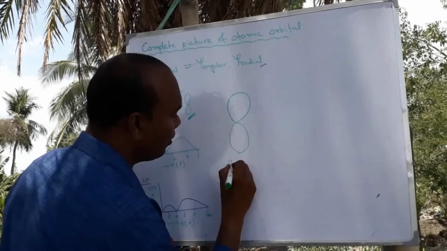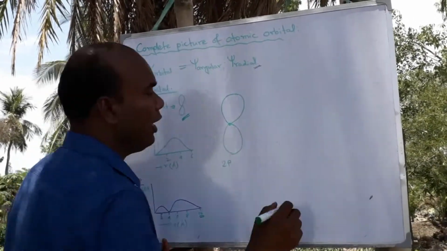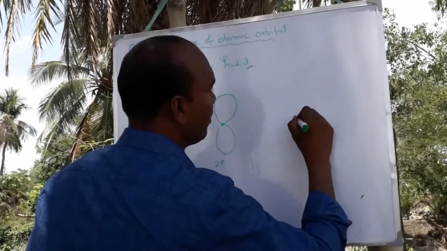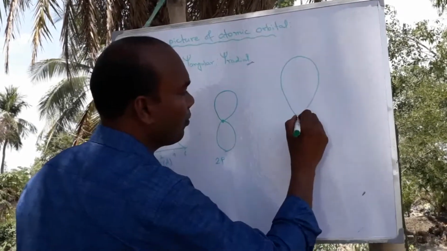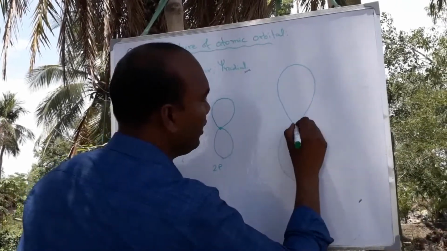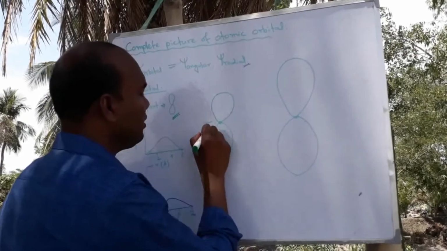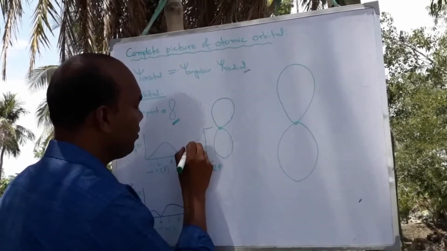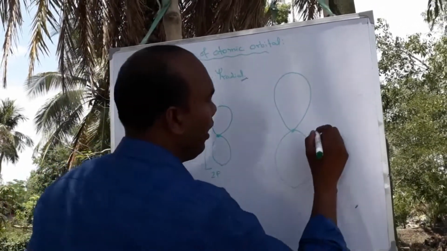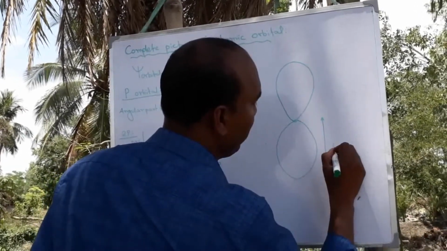This is your 2p orbital. The nucleus is here, and 3p will be like this. This is your 3p, and the nucleus is here. And this distance is 6 Angstrom, and this distance is 10 Angstrom.